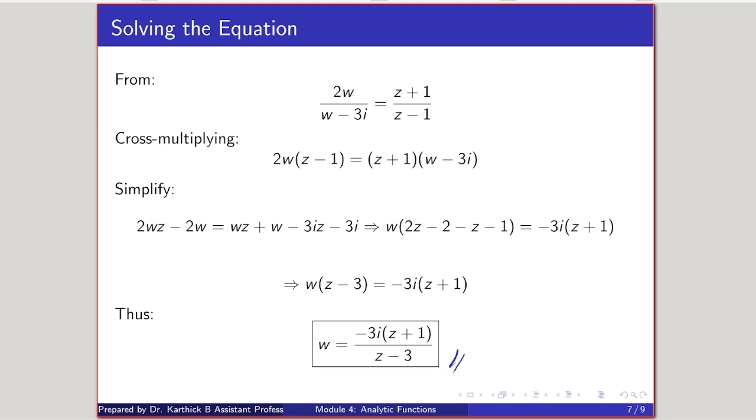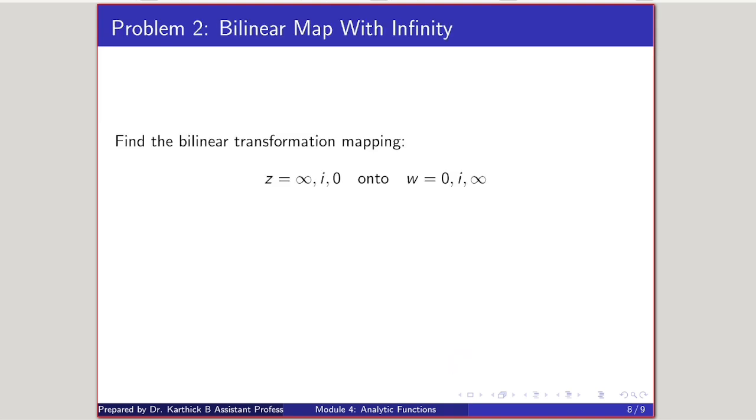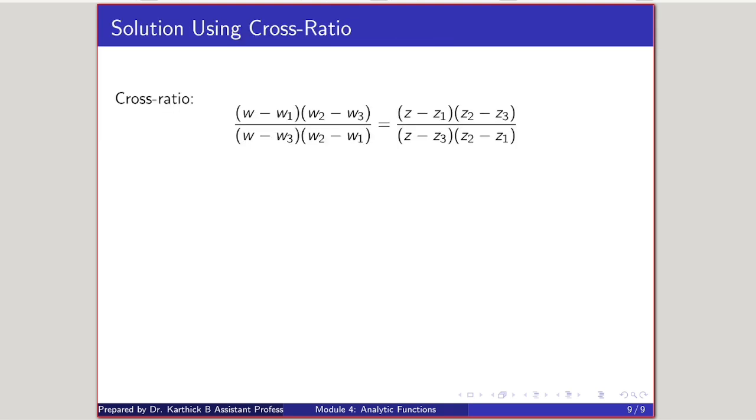So we see one more problem with infinity. If they have given z1 as infinity and w3 as infinity, that means we take each of the values for 1, 2, 3 on z as well as on w, write the cross ratio formula, and substitute the values. Before substituting, you have to be very careful.